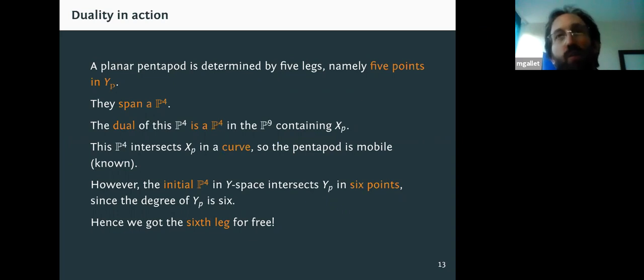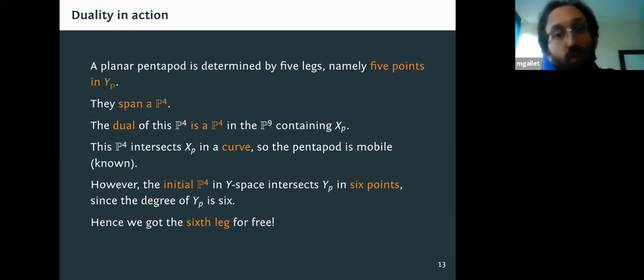So we said that we start with a pentapod, so we have 5 legs. These 5 legs determine the span P4. Then the setting now lives in a P9. So we can consider the dual of this P4 in the P9. The original P4 lives in the P9 containing YP, so in the leg P9, and then its dual is in the configuration P9.